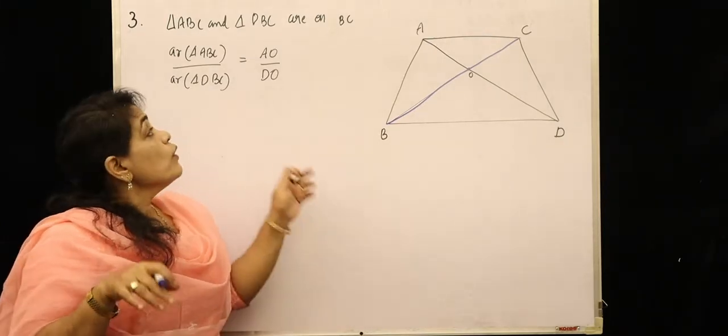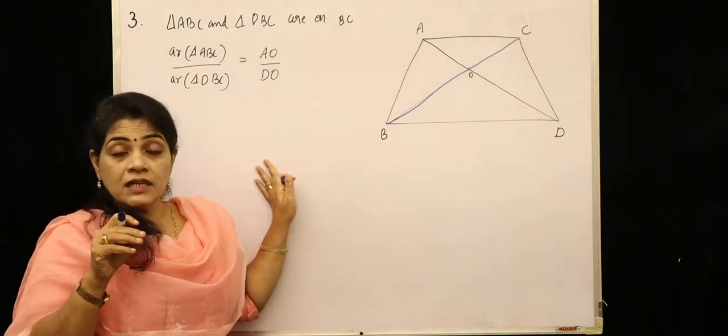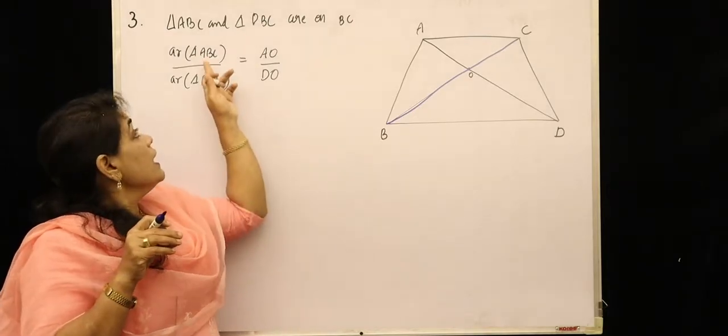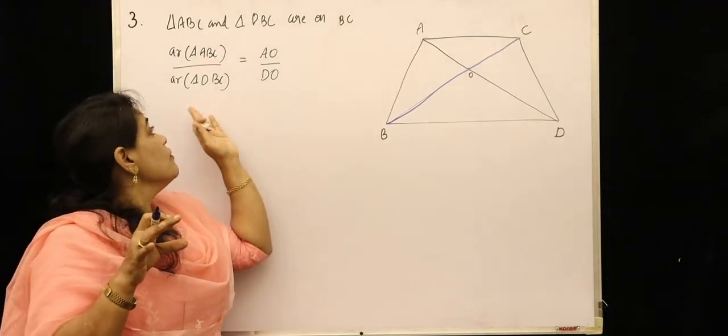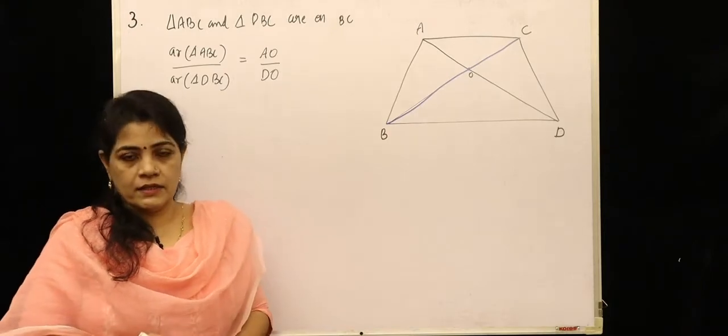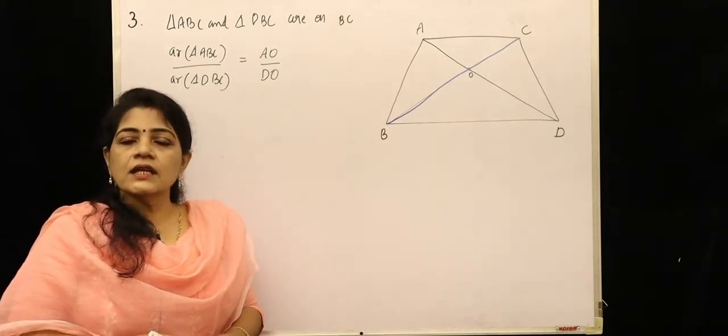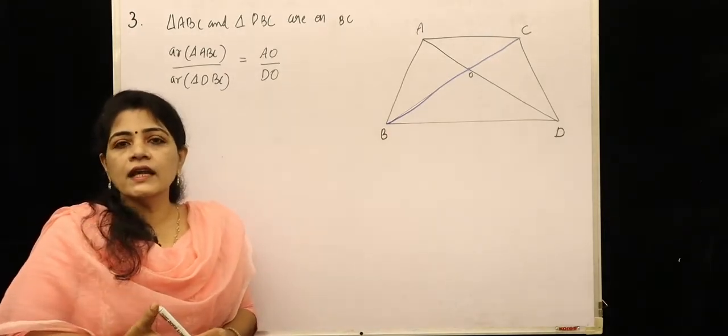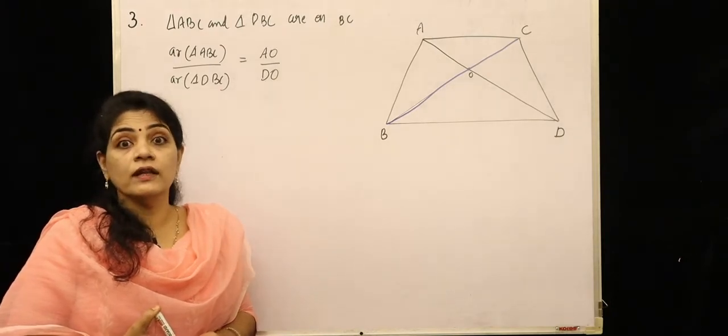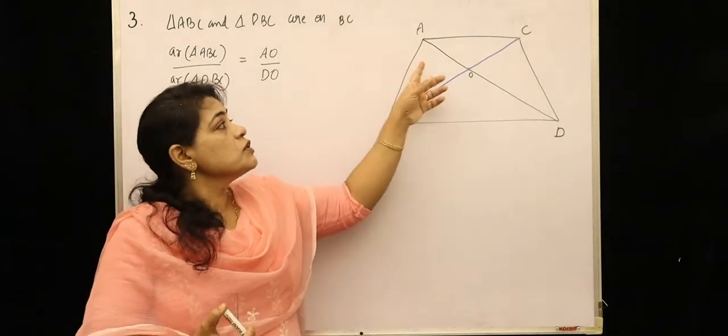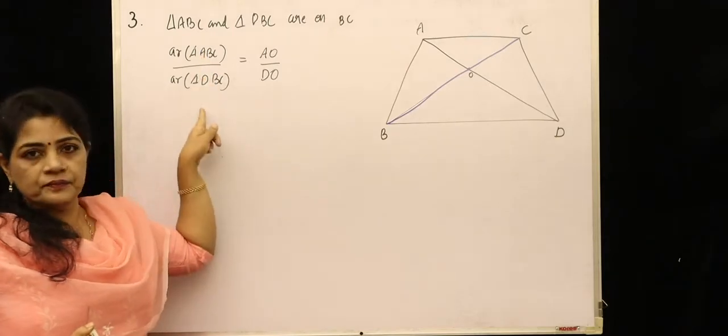Okay, and what is asked? The question is in terms of the area of triangle ABC divided by the area of triangle DBC. See children, you can apply the area ratio theorem only if you can show that these two triangles are similar.